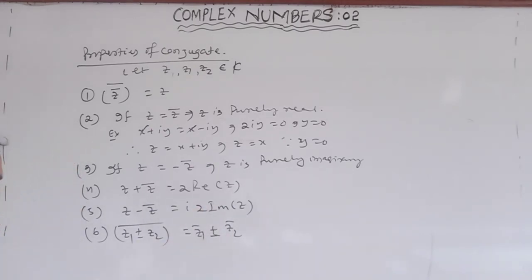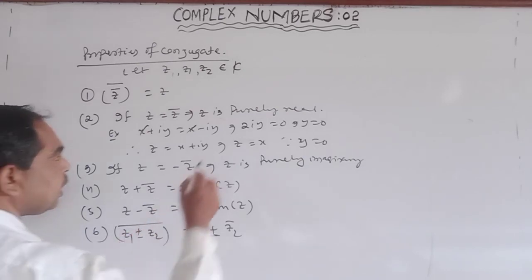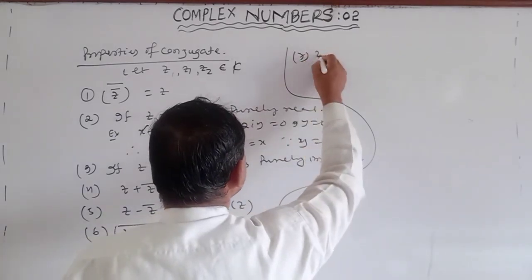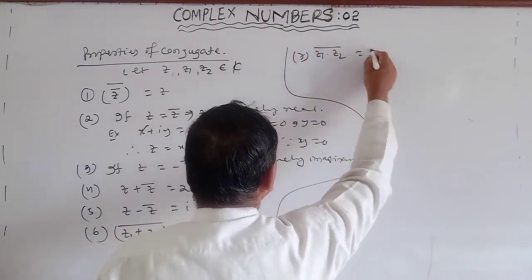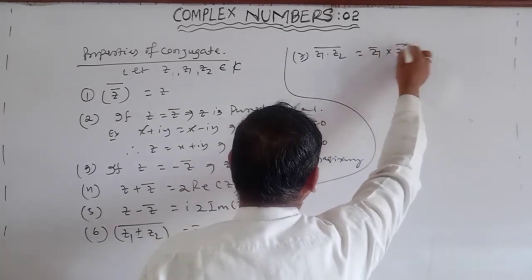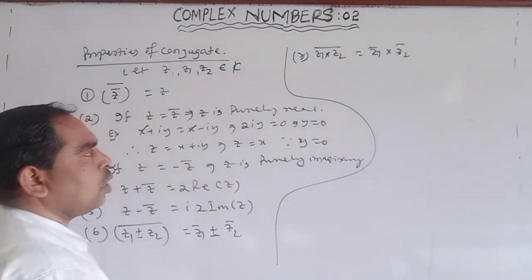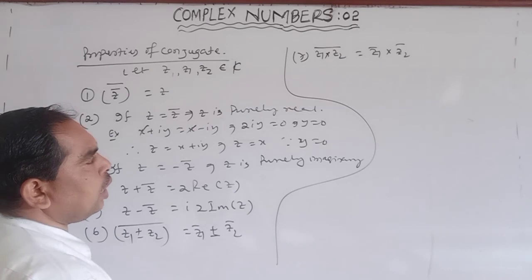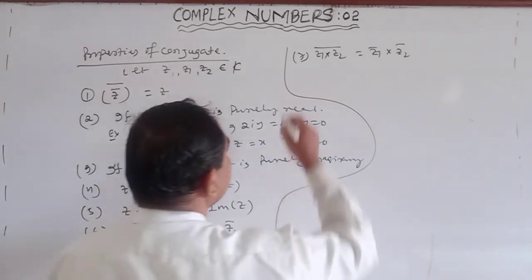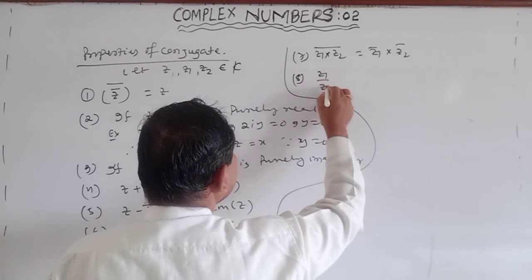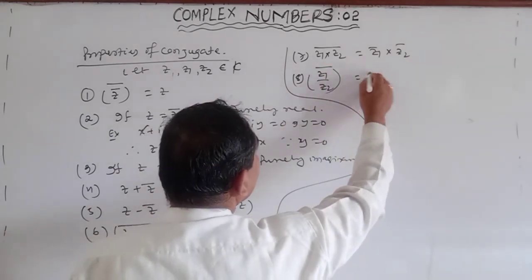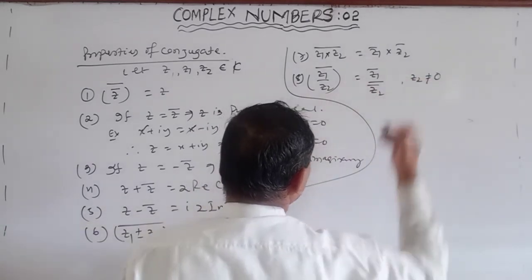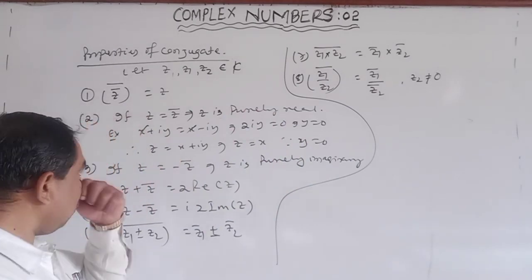Property 7: z1 into z2 whole bar is equal to z1 bar into z2 bar. The conjugate of the product of two complex numbers is equal to the product of the conjugates. Property 8: z1 by z2 whole bar is equal to z1 bar divided by z2 bar, with the condition z2 not equal to 0.